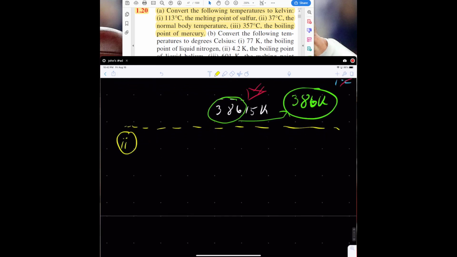Part 2. We're given 37 degrees Celsius to Kelvin. So we're going to do 37 degrees Celsius plus 273.15. It's that easy. We're just adding. So it comes out to 310.15, and let's see.